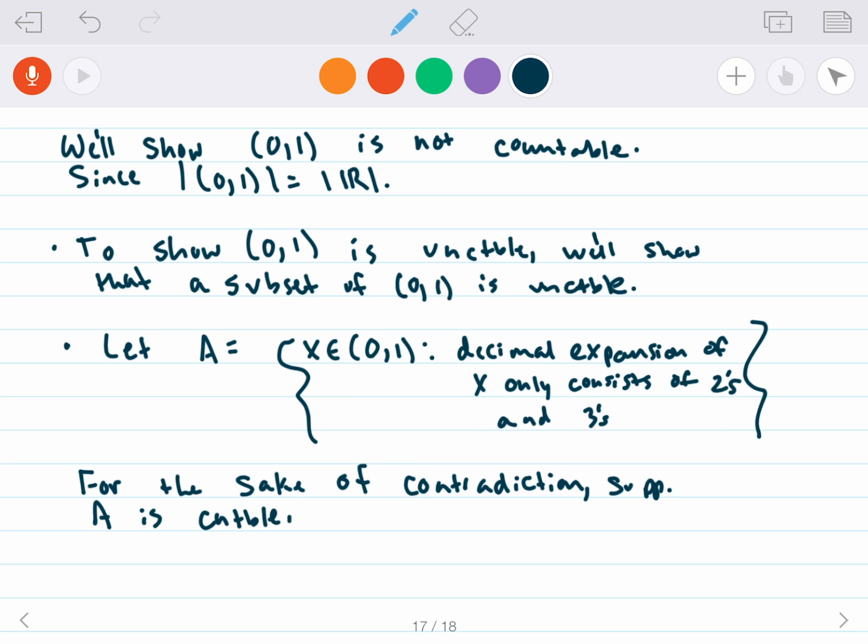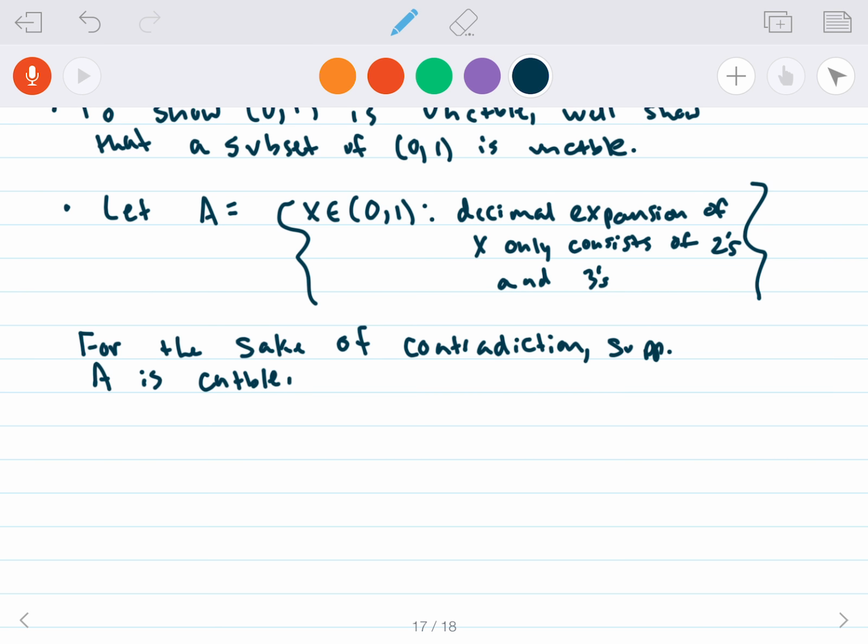So what does it mean to be countable? It means that I can list the elements, right? The elements are in bijection with the natural numbers, so I can list the elements in A.